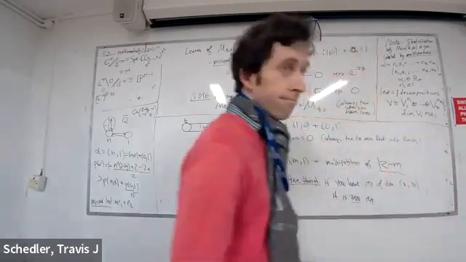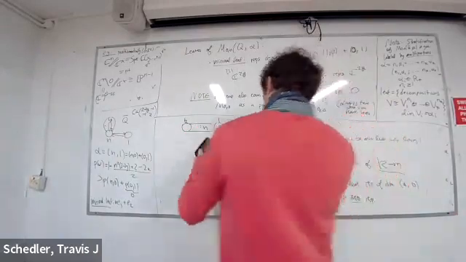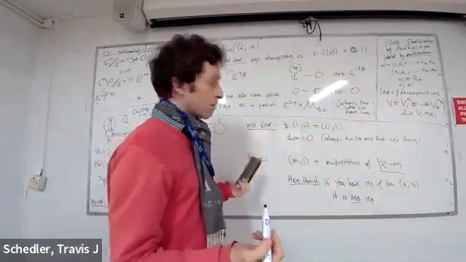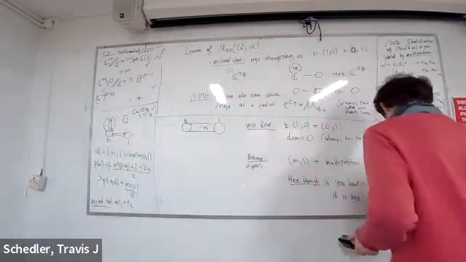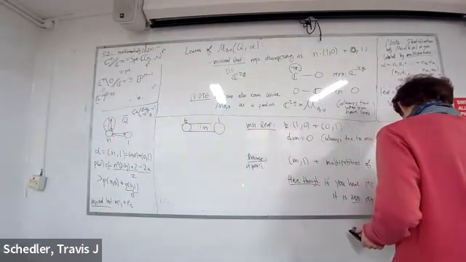In other words, the transformations all act by zero. So it's simple if and only if A is equal to just one.